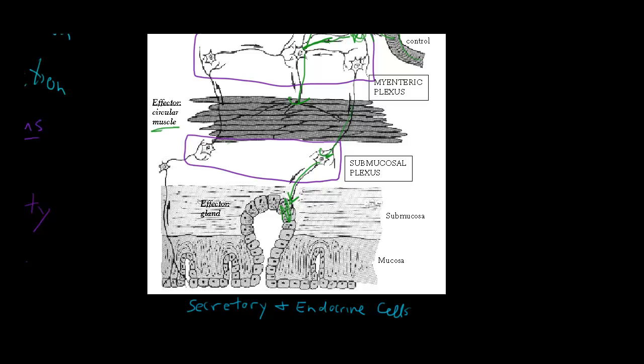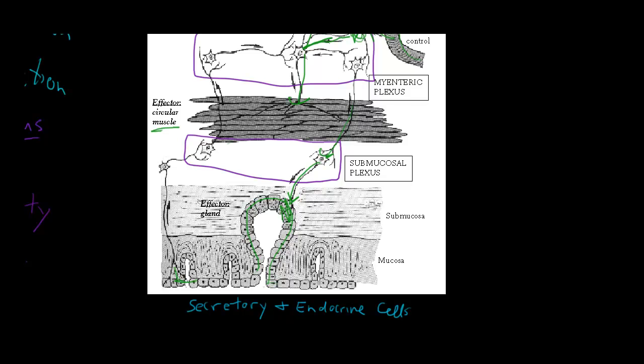These are affecting the secretory and endocrine cells. This looks like a gland here in the mucosa and the submucosa. And then these are sensory cells.